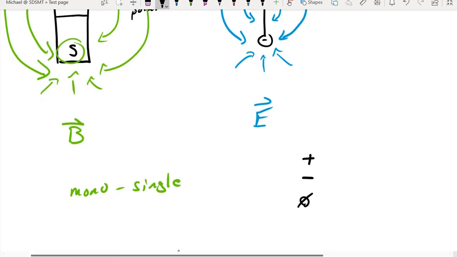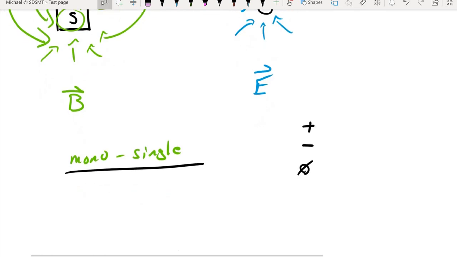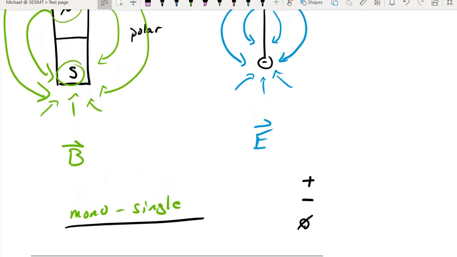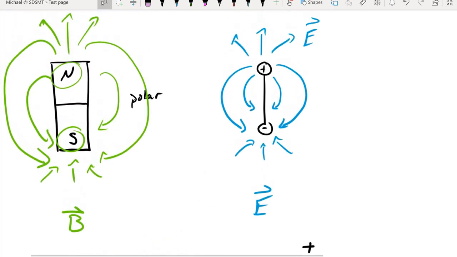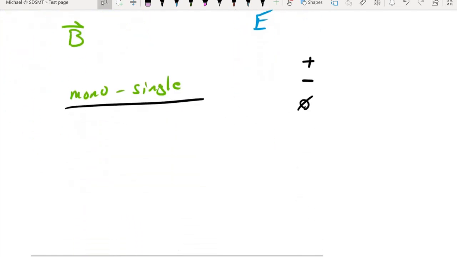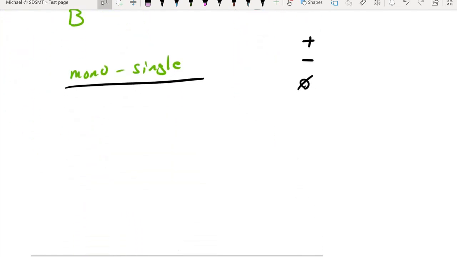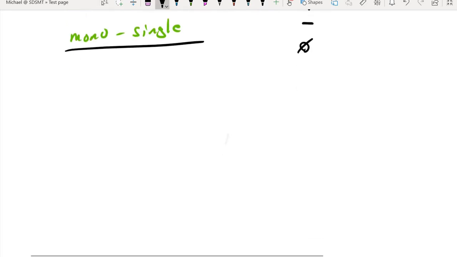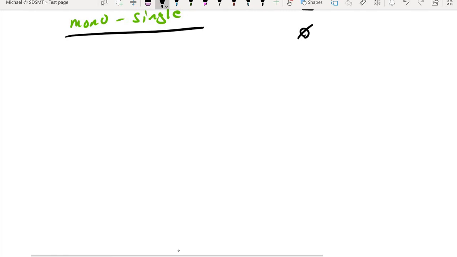But so far, there is no such thing as a monopole magnet. In other words, we can't produce a magnet just by having a north or a south end. Every magnet, regardless of how large or small, is going to have a north and a south end. And so this idea of magnetic charge doesn't quite work in our case.